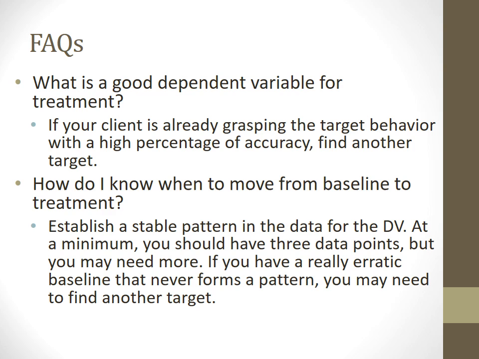You just want to keep going until you've established a pattern. If you were counting the frequency of some behavior and the client is at a 2 the first day and 1 the second and 3 the third day, you'd want to get at least another data point, probably more like 2, to make sure that they're not going to go up to 4.